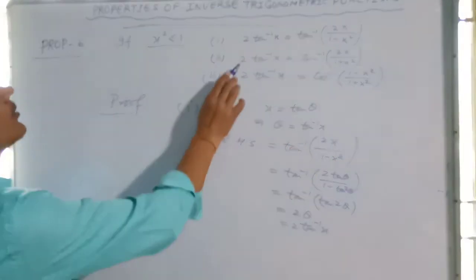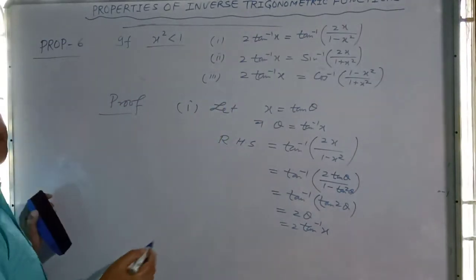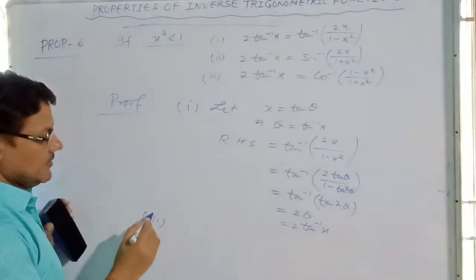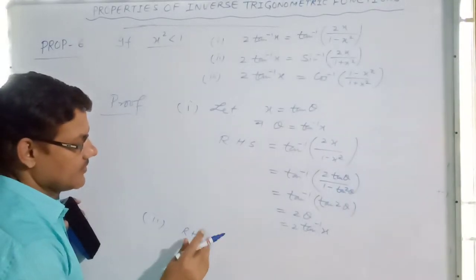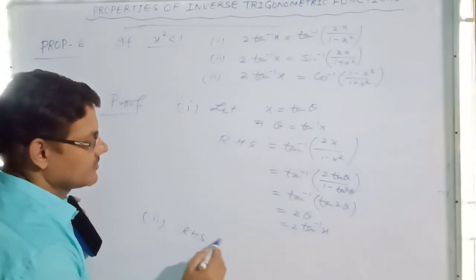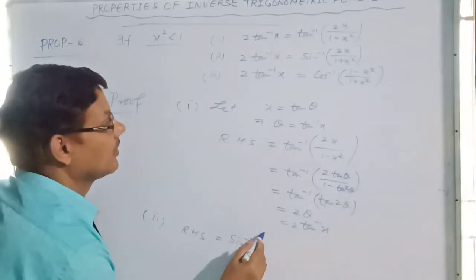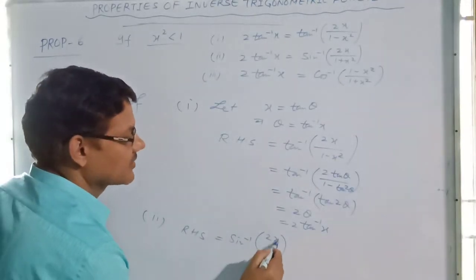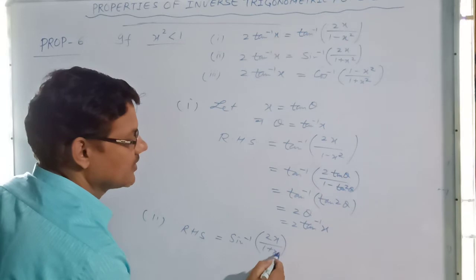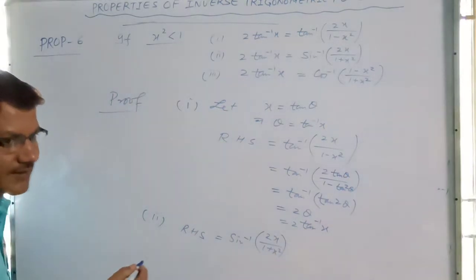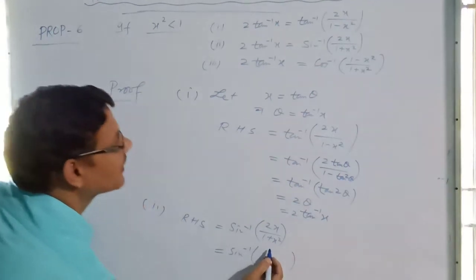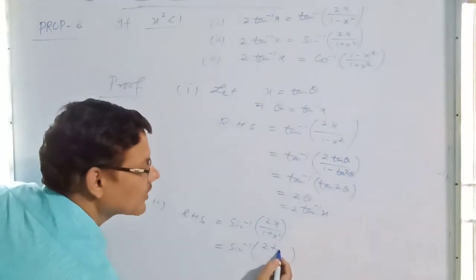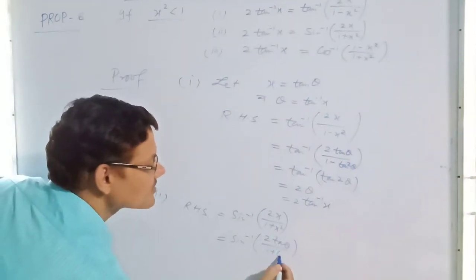Now out of these two properties, the right hand side is equal to sin inverse of 2x divided by 1 plus x square. What is x? x is tan theta, so 2 tan theta divided by 1 plus tan square theta.